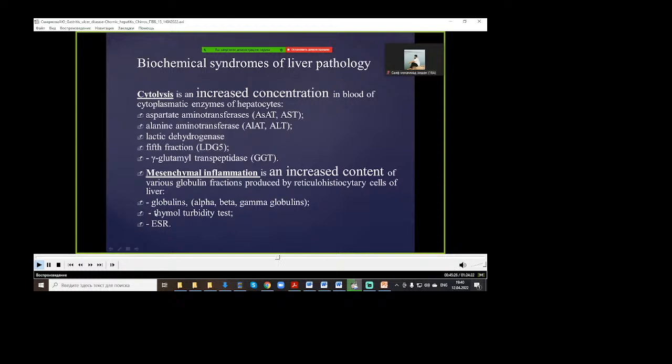This test detects the ratio between globulins and albumins. So in case of increased globulins and decreased albumins due to hepatocellular insufficiency, this test will be increased and will be positive. And erythrocyte sedimentation rate acceleration is also a symptom of mesenchymal inflammation syndrome.